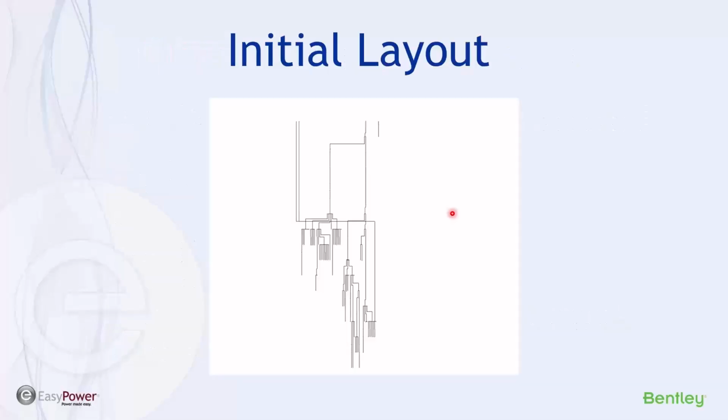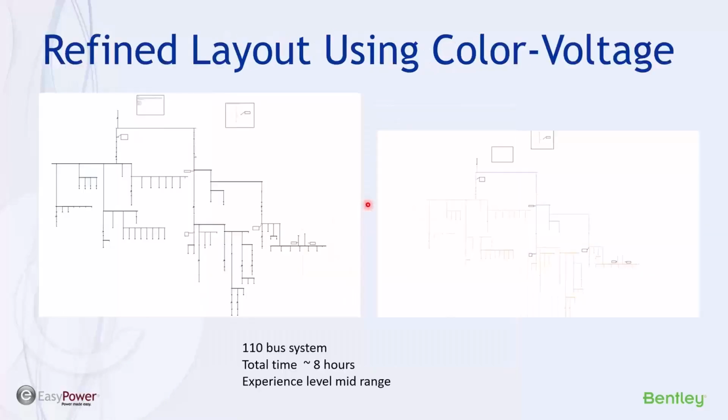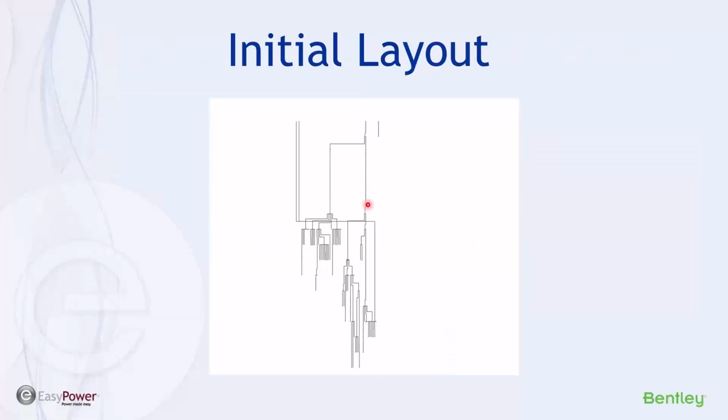Now with the folder that we're using, the initial layout looks something like this, and it's relatively difficult, because there's no coordinates associated with the part, to lay out anything that's similar to what was imported other than just the connections.